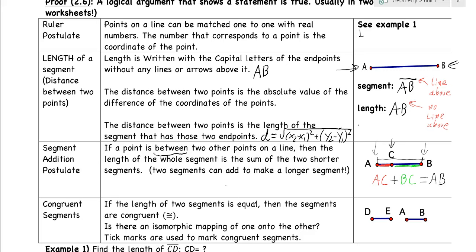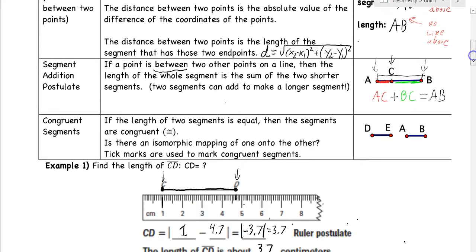And our last definition, big definition here, congruent segments. If the lengths of two segments are equal, then the segments are congruent. Here's our symbol for congruent. It's an equal sign with a wavy line on top. So this also works the other way.